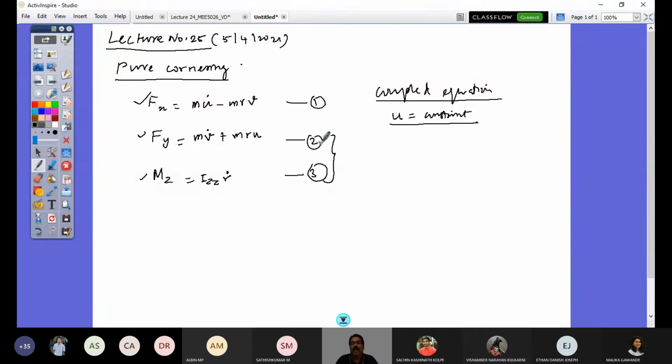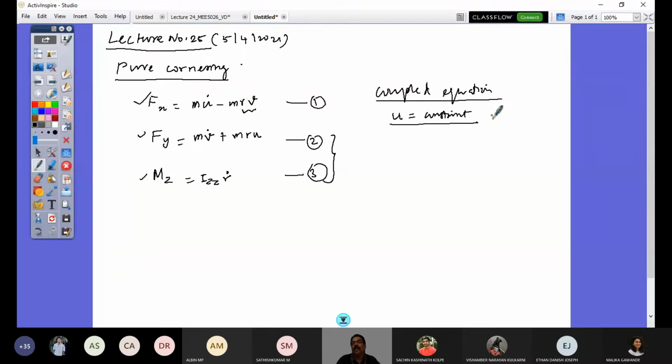I can have my lateral acceleration, but u is constant. The forward acceleration u dot is 0. So this term is going to be Fx equal to minus mru, where if u is constant, v is constant, and r is the yaw rate. So this is an algebraic equation. Equation 1 is an algebraic equation.